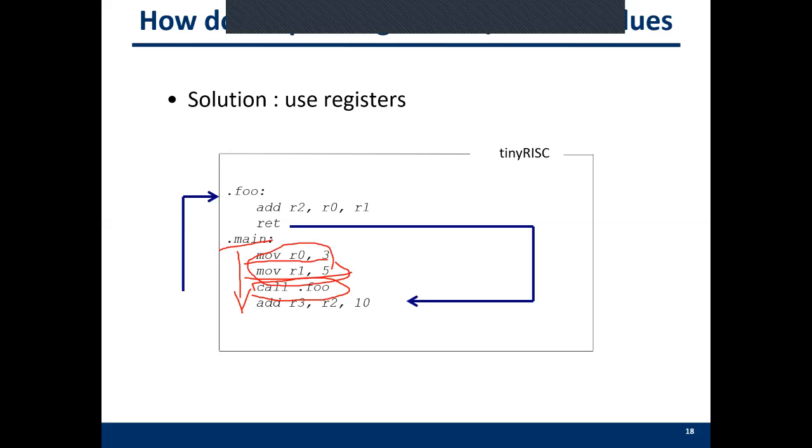When you go to the foo function, it will also operate on those same registers. It will easily overwrite all your data. In this way, you need to do some protection. You need to store the content of these registers before you call that foo function. After the execution of your function, you will go back to the main function here.